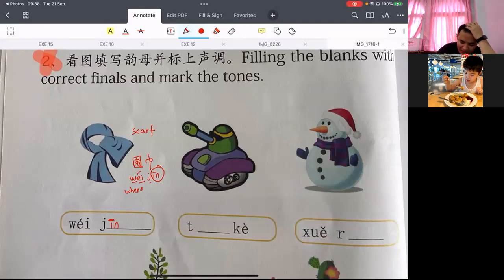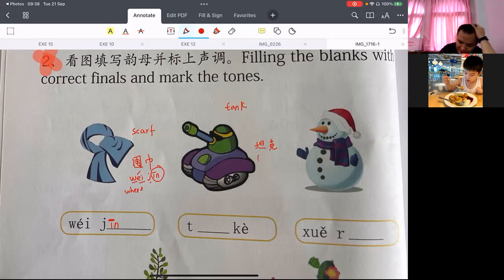The second one is now tank. Now tank in Chinese is 坦克. Because this one will translate by pronunciation, the same pronunciation, tank, 坦克, like mango, 芒果, right?